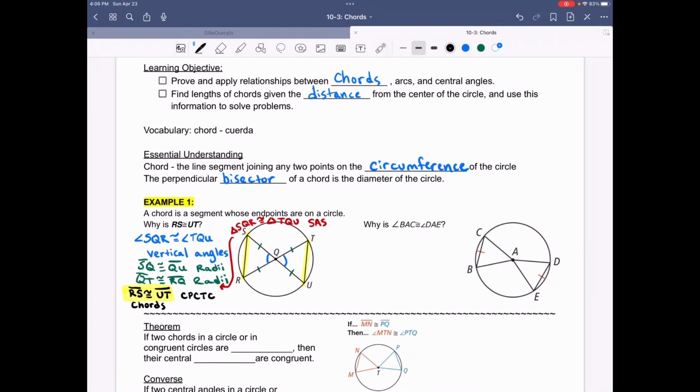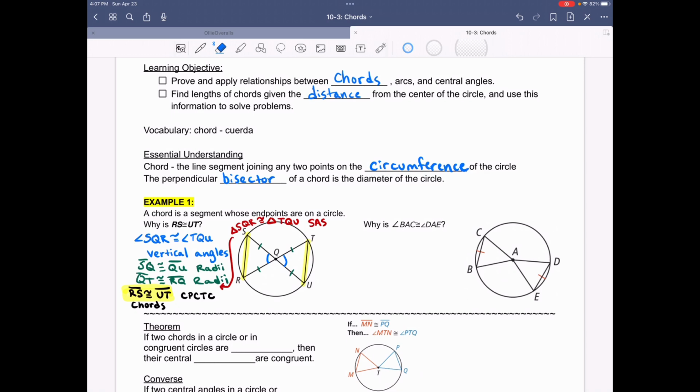Why are angles BAC and DAE congruent? And I think we're going to prove that very similarly. So why is BAC congruent to DAE? And I don't think they're vertical angles in this case because they aren't drawn that way.